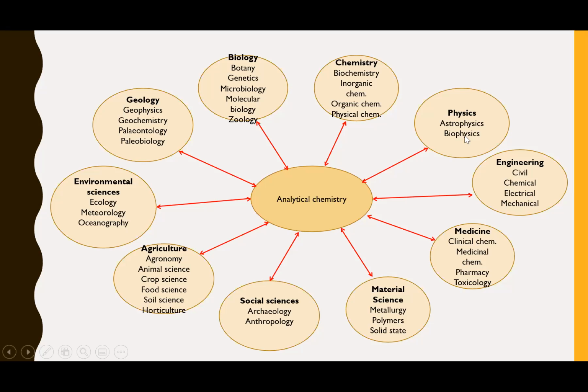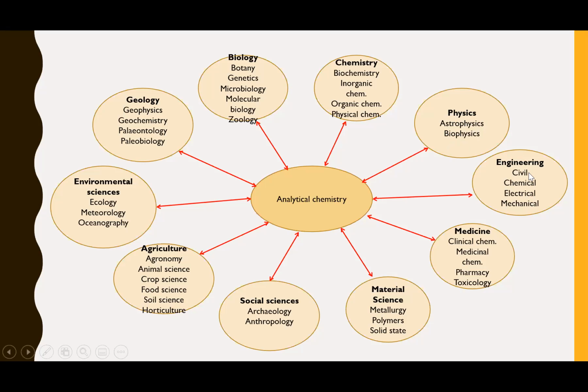And then in physics, for example, when they take samples from other planets or from the moon, you still have to use analytical chemistry to identify the composition of the material in your samples from those places.